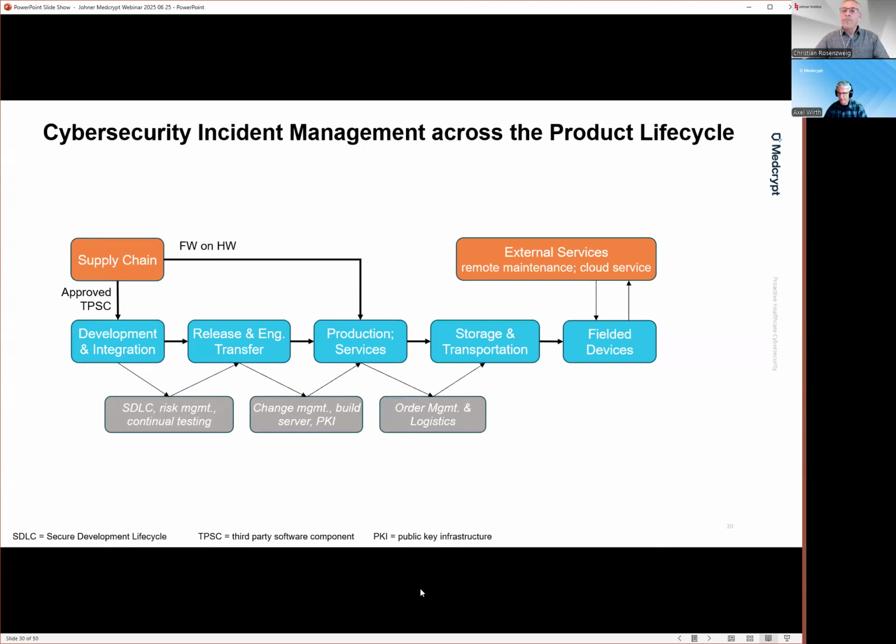Our order management systems, our logistics systems need to be protected because if they get impacted, then I can't fulfill orders of devices and can't ship. And we have already seen examples of that. And then, of course, things can also happen during installation and maintenance. So those are all areas where we need to consider cybersecurity for the sake of protecting across the entire life cycle.